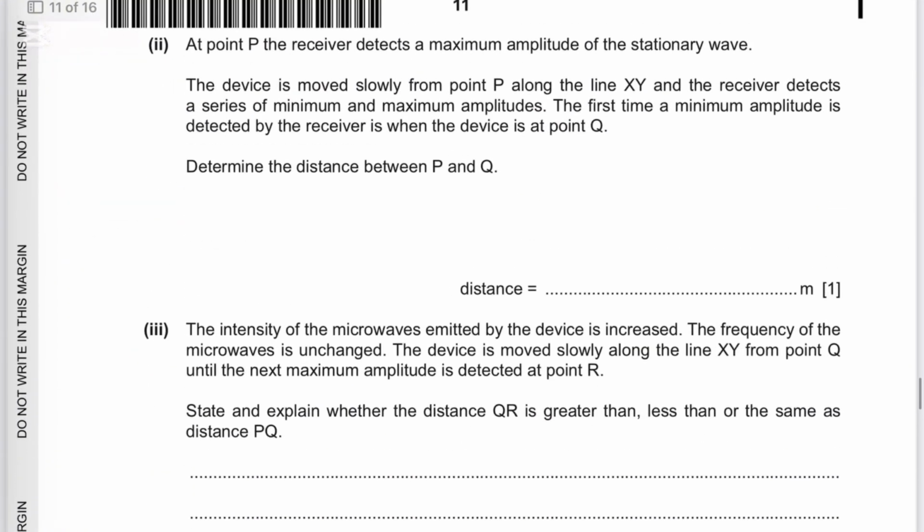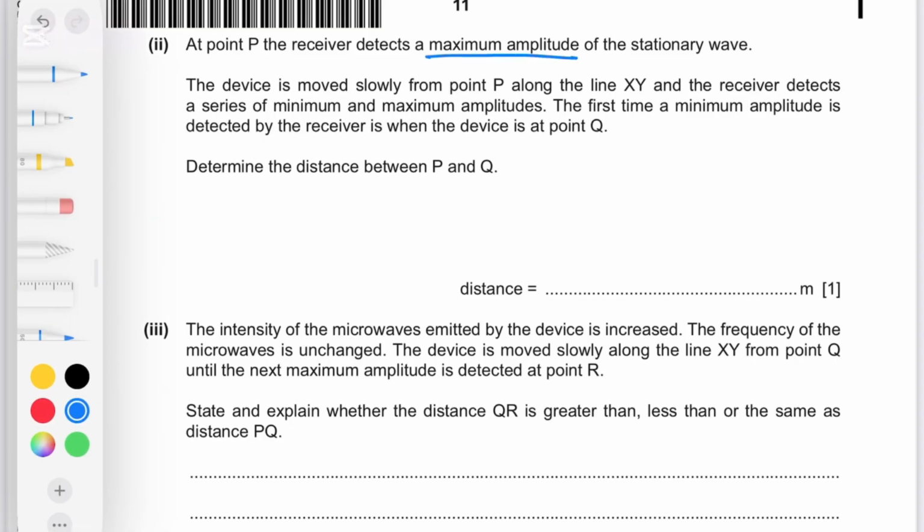At point P, the receiver detects a maximum amplitude. So once again, maximum amplitude means an antinode at point P. The device is moved slowly from P along the line XY, and the receiver detects a series of minimum and maximum amplitudes.